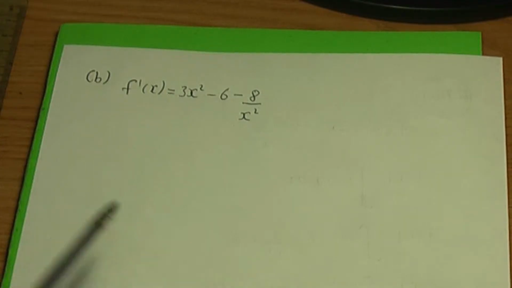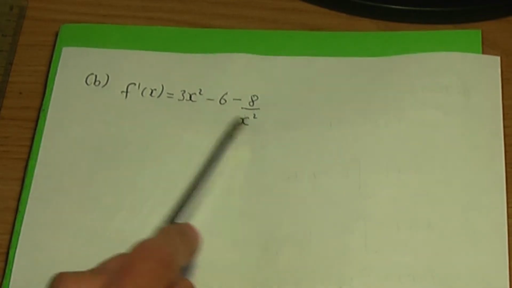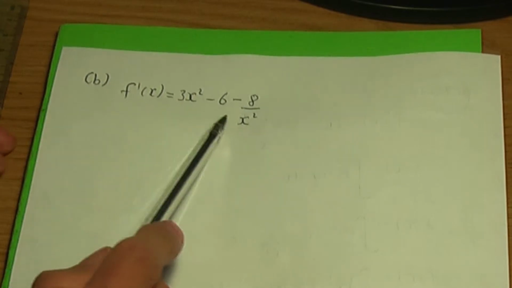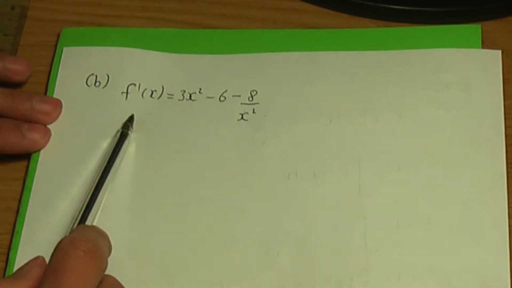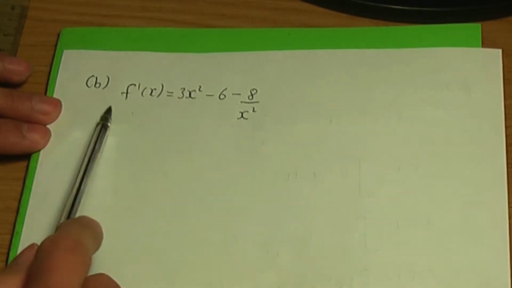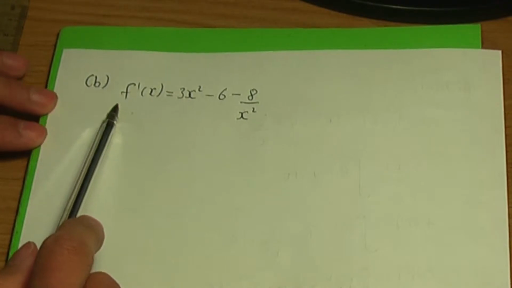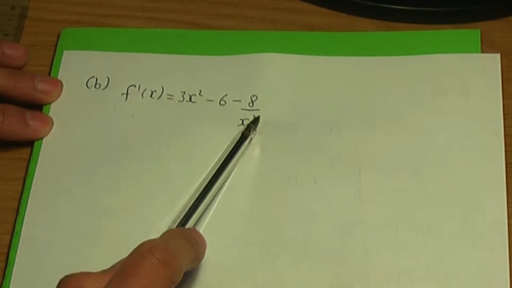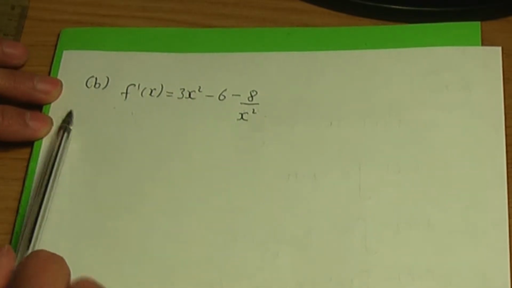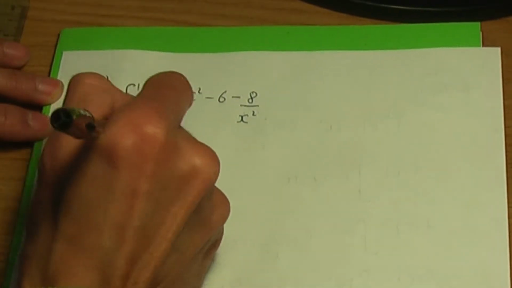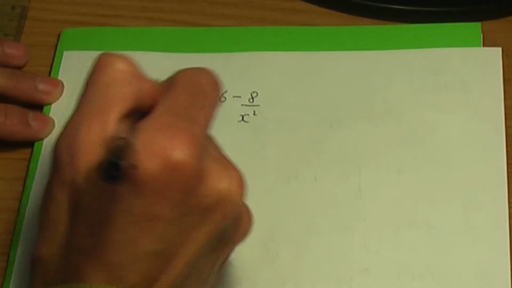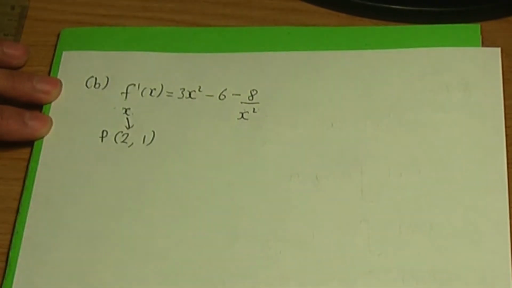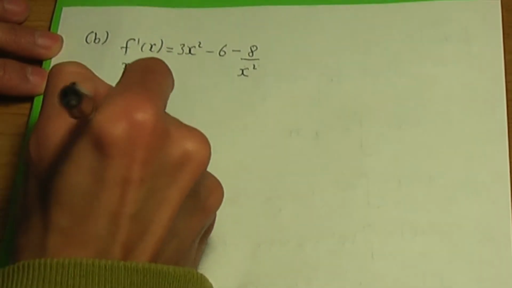Now, bearing in mind, in the question we have f primed of x, so we have the derivative. Now we can use the derivative and the x coordinate of P to find the gradient of the tangent. So in other words, we have dy over dx, and let's use the x coordinate of P. Remember, the coordinates of P given is 2, 1, and let's use the x coordinate, which is 2, to find the gradient of the tangent.